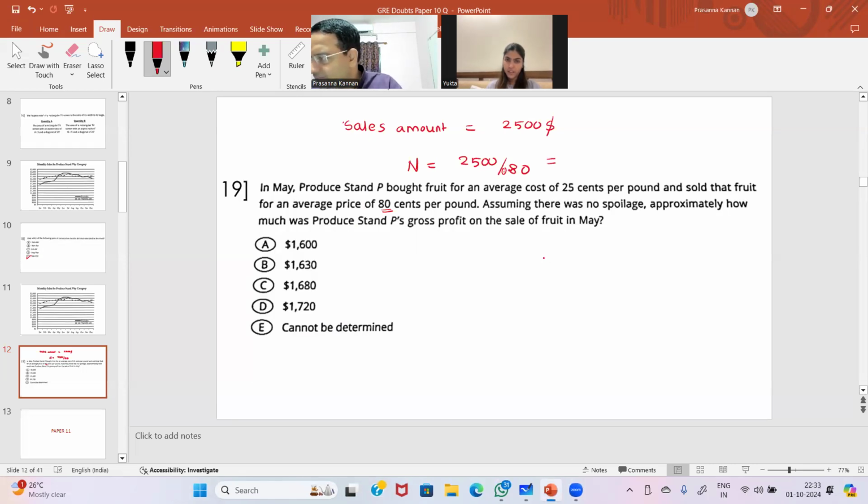Is that clear? Wait, how much? 2,500 divided by 0.8 is the same as 25,000 by 8. Correct. So 25 into 125, which is 3,125 pounds. Right. What was his cost price?